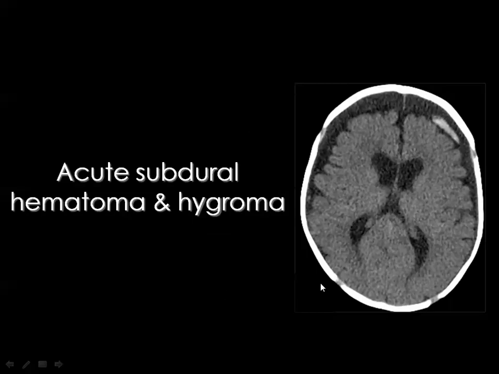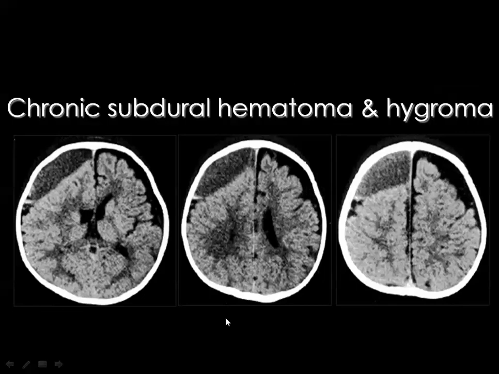And this is hygroma and the hematoma. There is CSF collection in both frontal areas and a small amount of blood in the left frontal area, denoting hygroma and hematoma. If the hematoma is in the chronic phase, it will appear black or hypodense to the brain parenchyma. Then how can you discriminate between hygroma and hematoma?